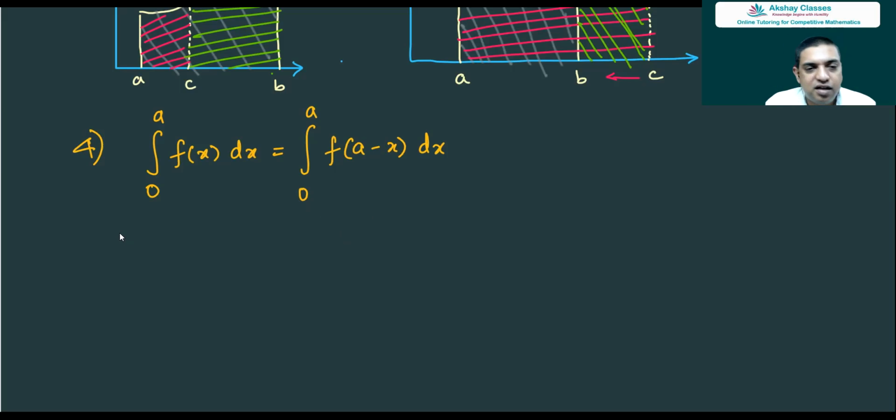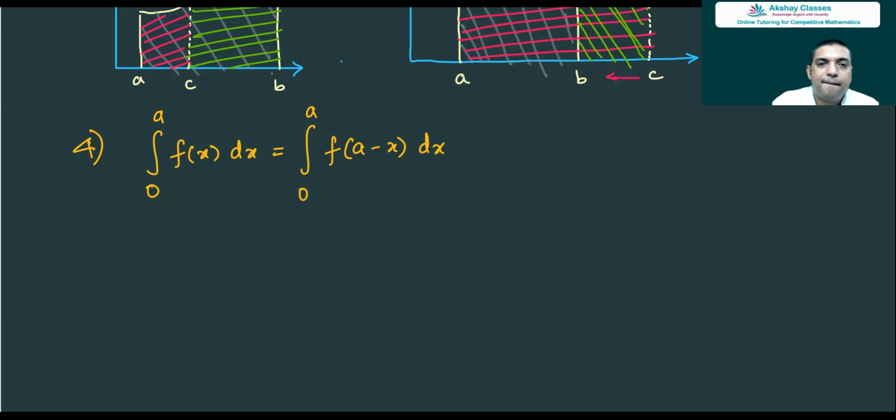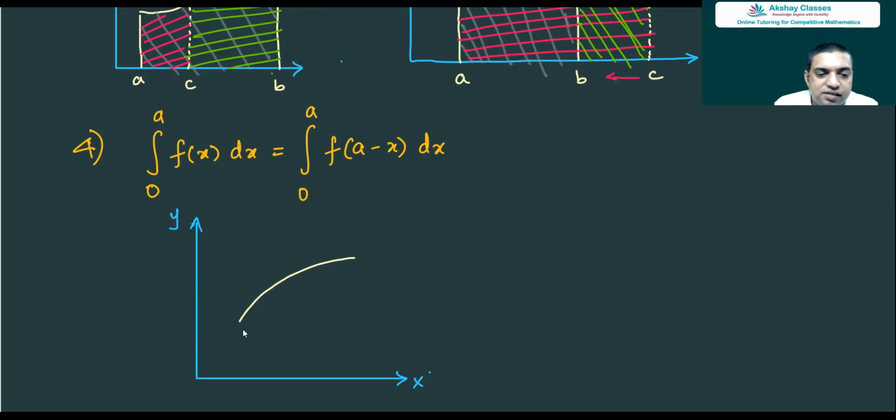But I want to show this graphically. See, if this is f of x, pay very careful attention. Let's say this is f of x, right? It's talking from 0 to a.